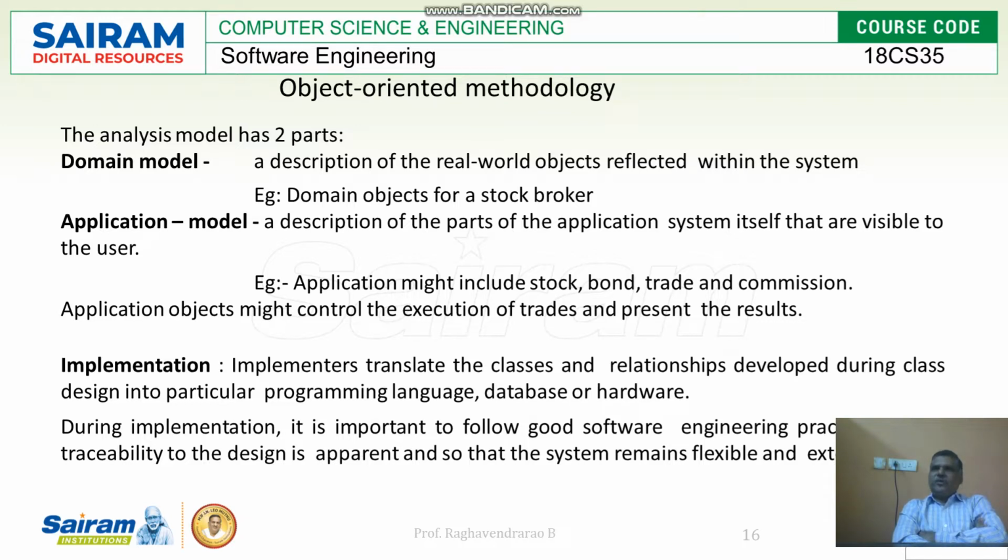Then only you are able to do the programming. Application model. There are so many applications there. Stock, bond, trade, commissions. All these are the functionalities of the application model. It is going to be visible to the user.